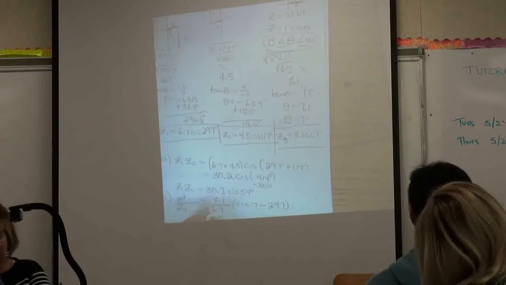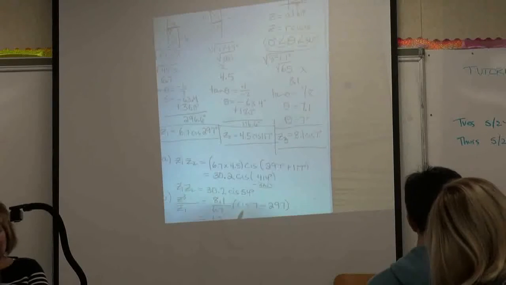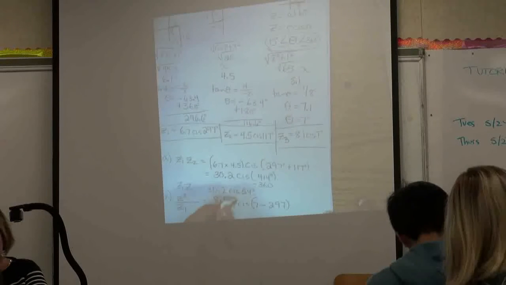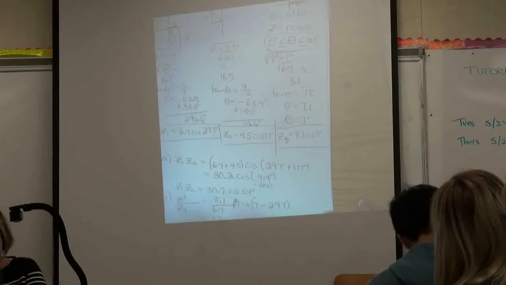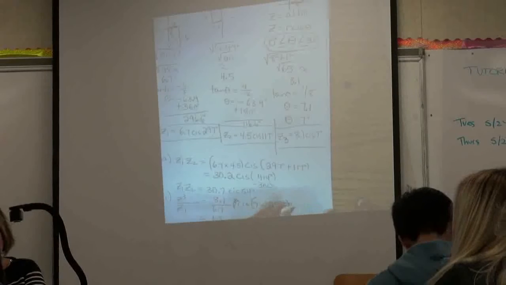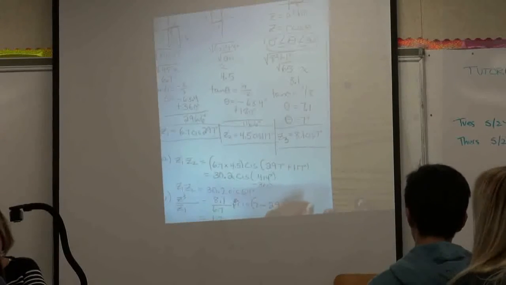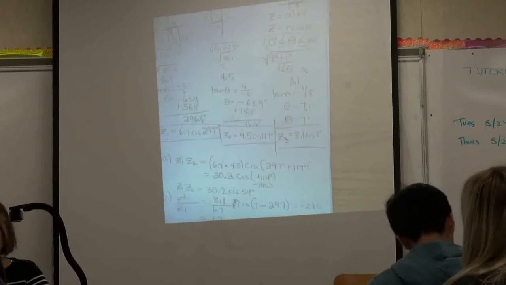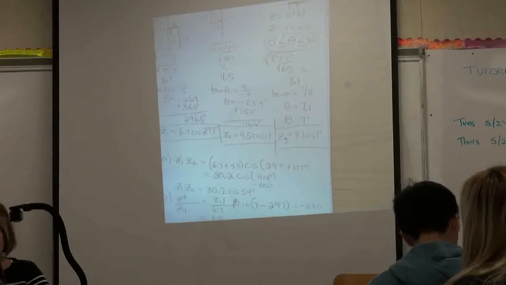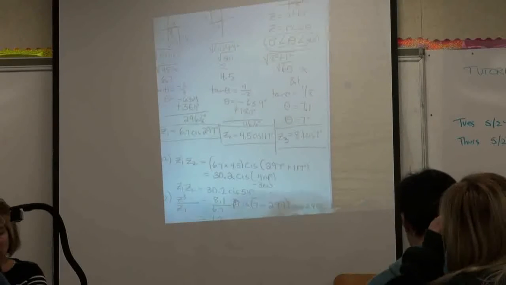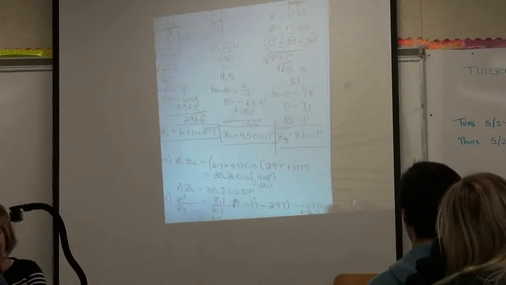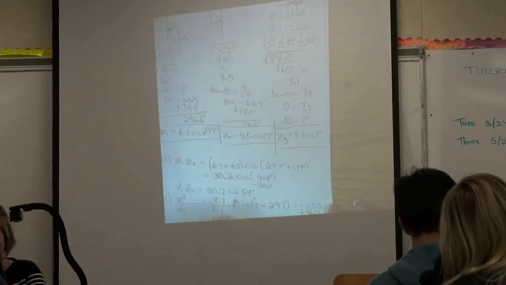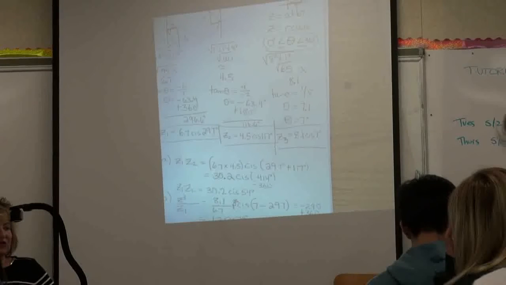So 1.2. If you do 7 minus 297, you get negative 290, which once again is not between 0 and 360. So you add 360, and your final answer is 1.2 cis 70 degrees.